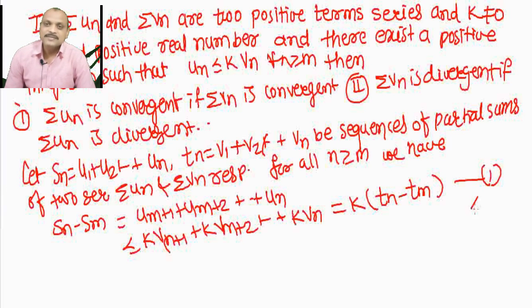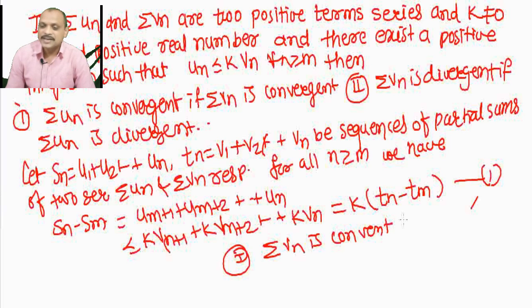Now first see here, if we take the first condition, summation vn is convergent. If summation vn is convergent, then we can apply Cauchy's criterion, that means Tn minus Tm is less than epsilon by 2, or Tn is bounded.